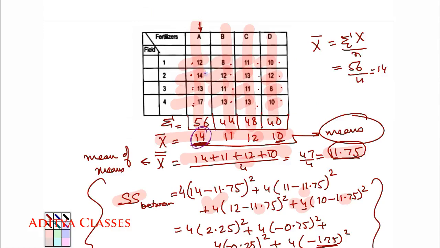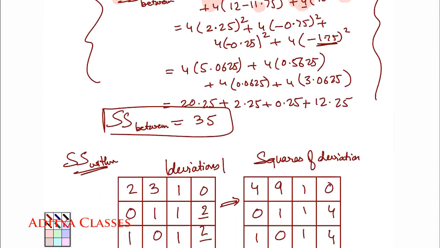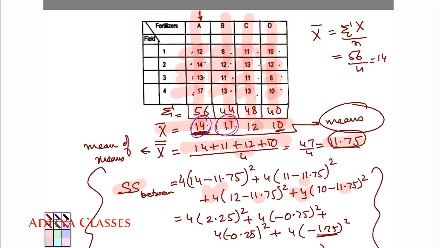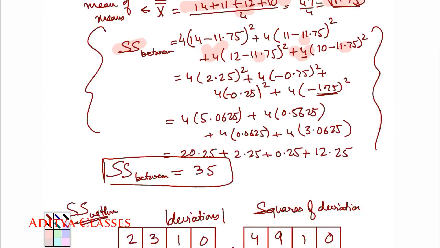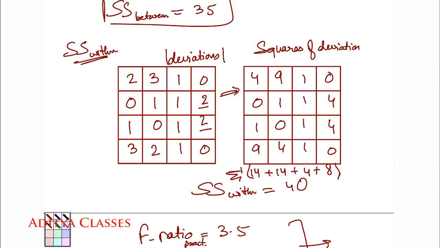So 12 minus 14, 14 minus 14, 13 minus 14, 17 minus 14. For next we took 11, 8 minus 11, 12 minus 11, 11 minus 11 and 13 minus 11. Here you see 8 minus 11 is 3, 12 minus 11 is 1, 11 minus 11 is 0, 13 minus 11 is 2. So we got a 3, 1, 0 and 2. So similarly we found deviations for all.